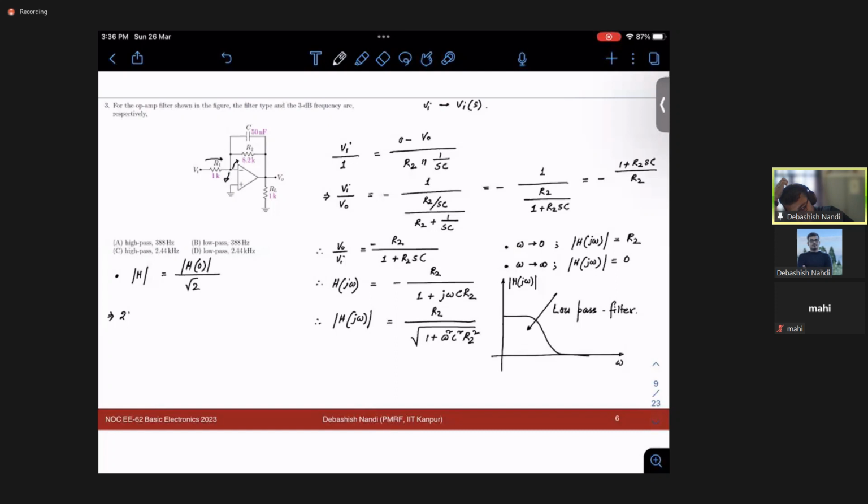Now let me convert it into dB. 20 log mod H is equal to 20 log mod H of 0 minus 20 log of root 2, right? If you calculate this, it will come out to be 20 log of H of 0 minus 3, right? So this is why it is called 3 dB frequency.